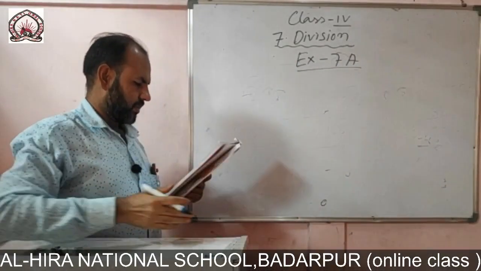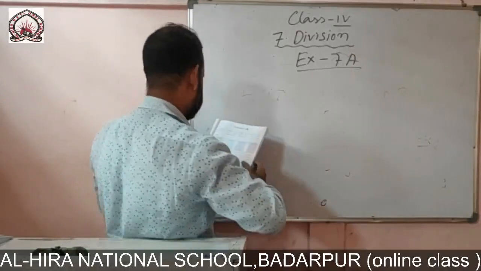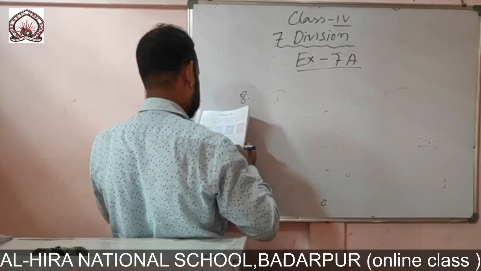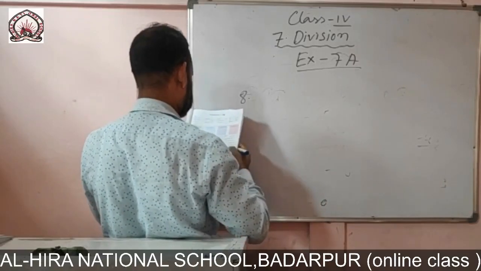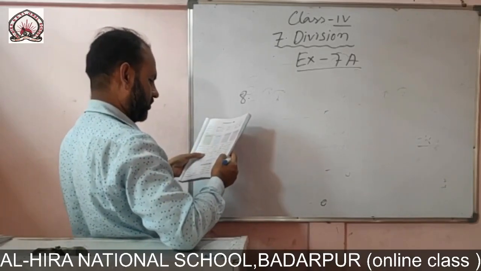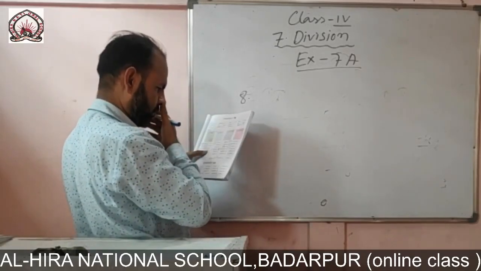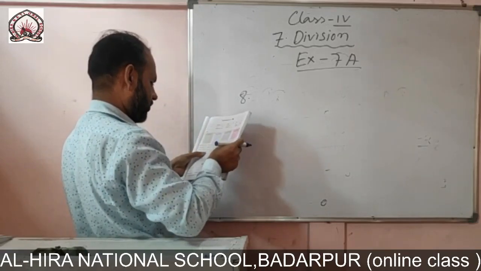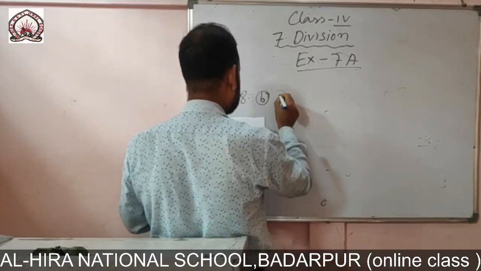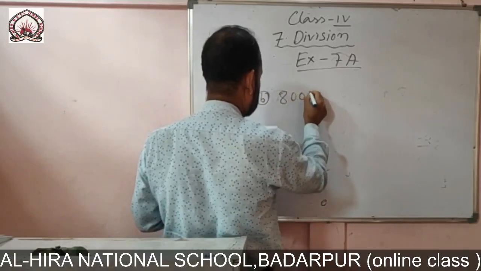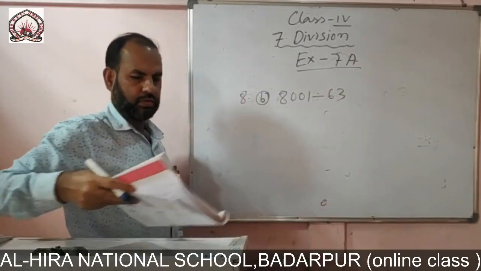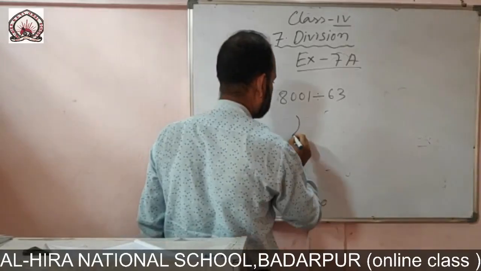Question number 8B. 8001 divide 63. We divide here 8001 by 63.